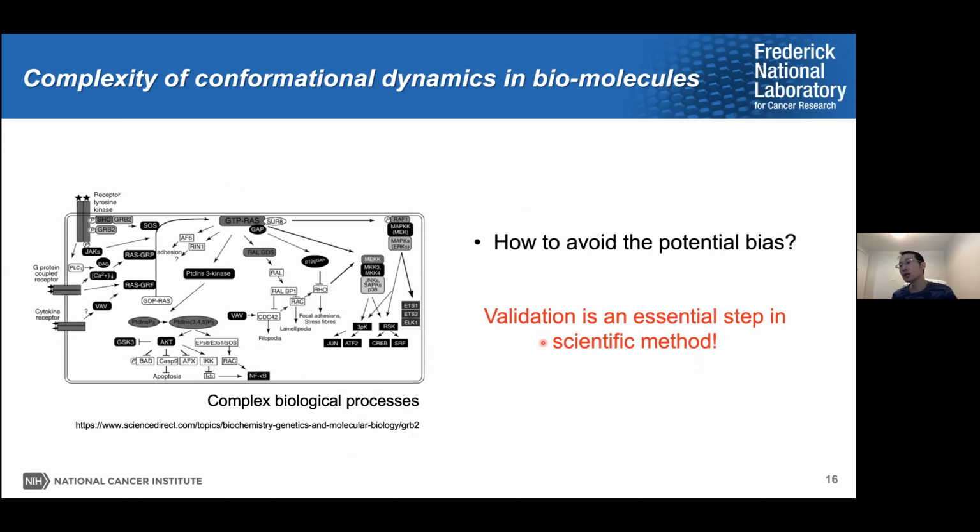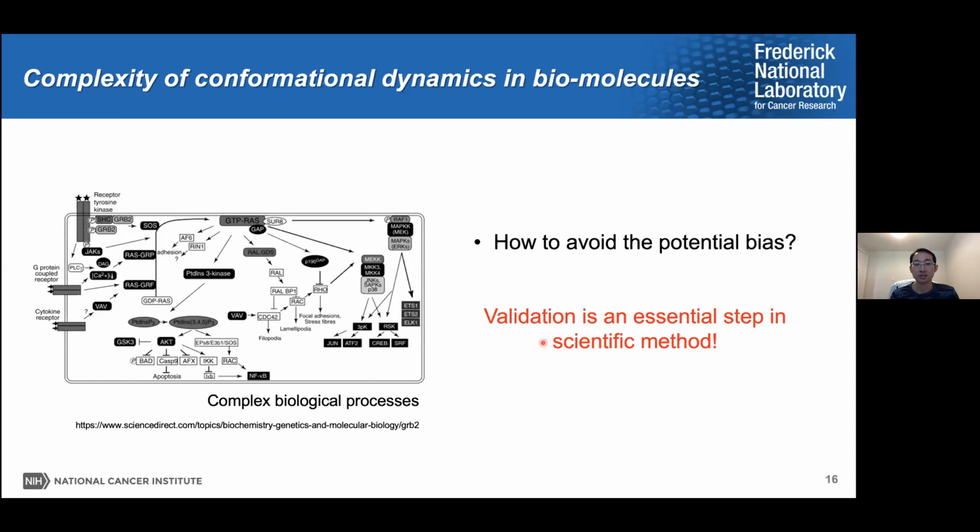Okay, and we know the biological process, well, at least in the projects I work with, is usually a complex one. You know, the more data biologists collect, the more complex the models they propose.